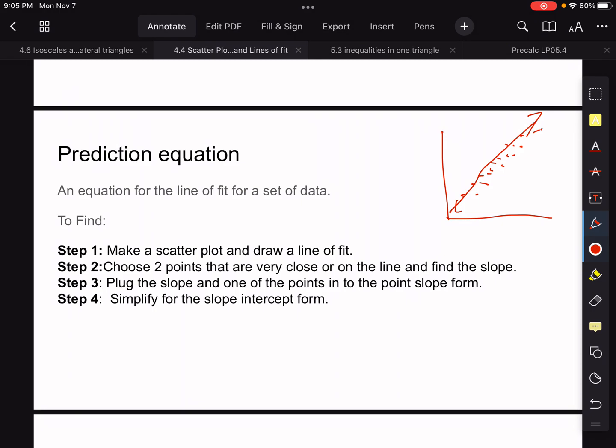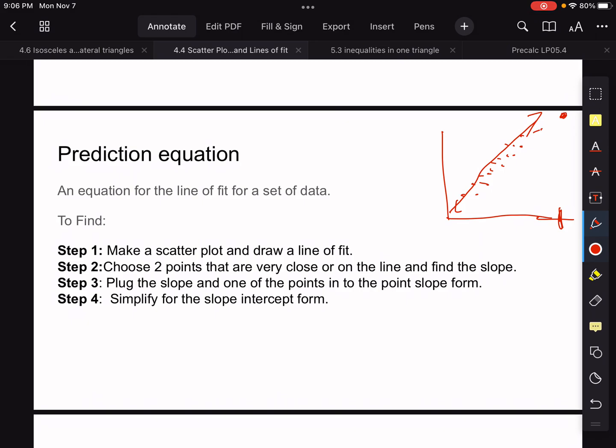Basically, that line represents the trajectory of the data, so that I can make a prediction of things that are not pictured. Maybe something happens down here on the x that's not on the graph. If the trend continues, I can make a prediction about what would happen up here, using that line. So it's called the prediction equation.